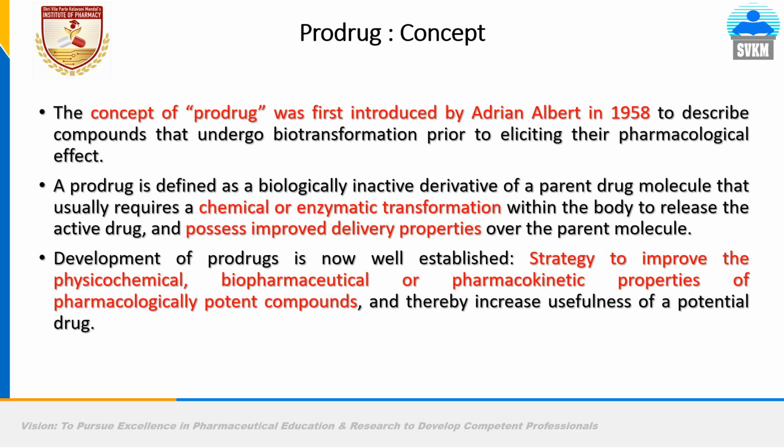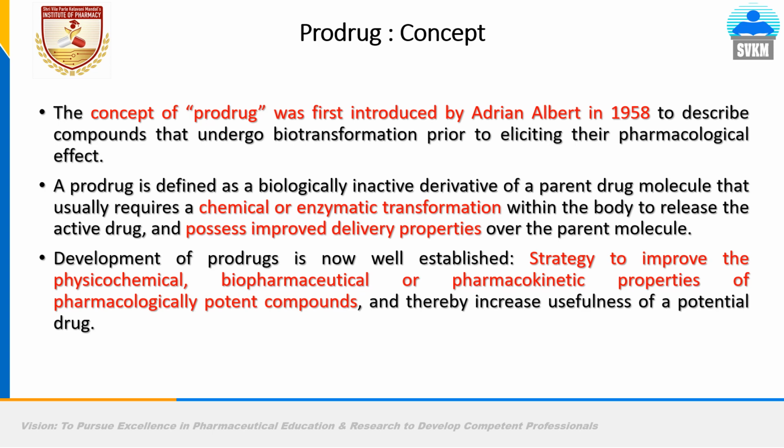The prodrug concept was first introduced by Adrian Albert in 1958 to describe compounds that undergo biotransformation prior to eliciting their pharmacological effects. A prodrug is a biologically inactive derivative of a parent drug molecule that usually requires a chemical or enzymatic transformation within the body to release the active drug substance, and possesses improved delivery properties over the parent drug molecule.